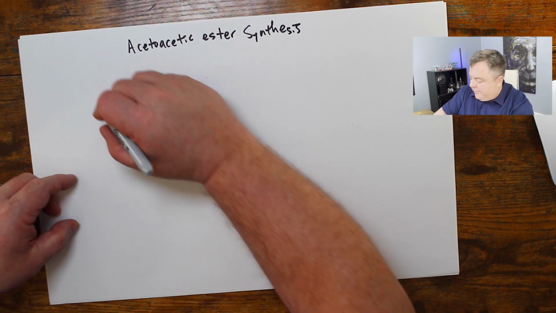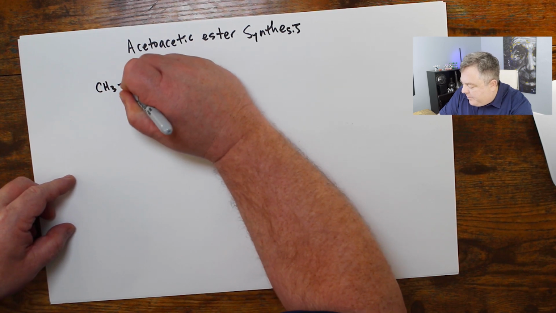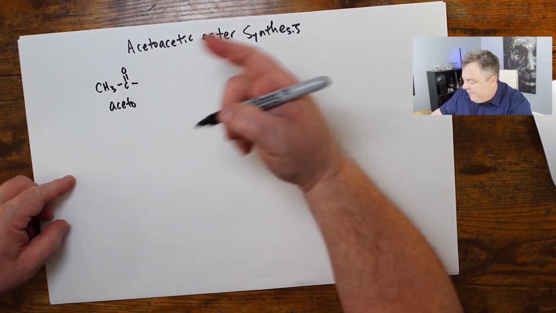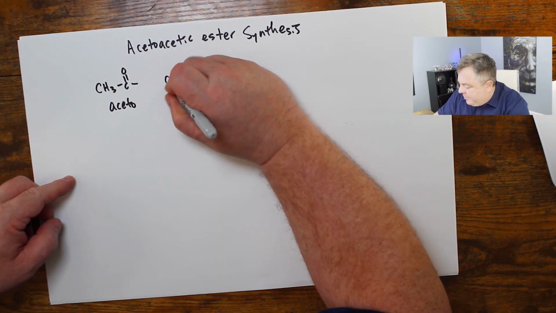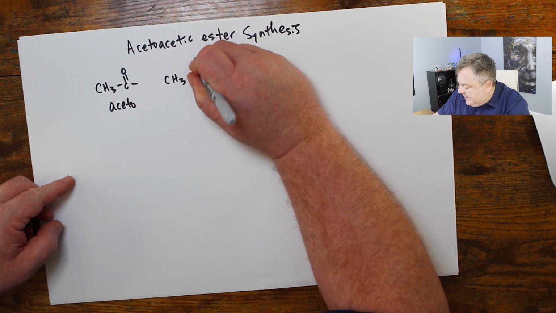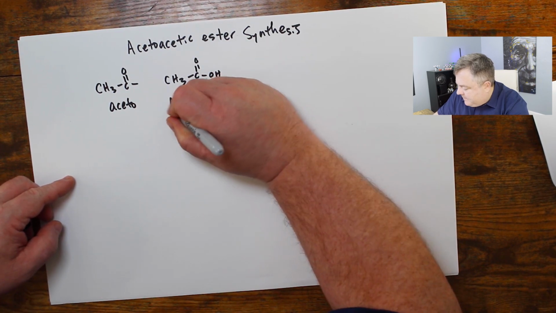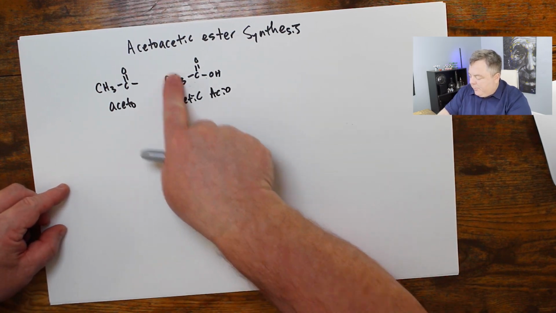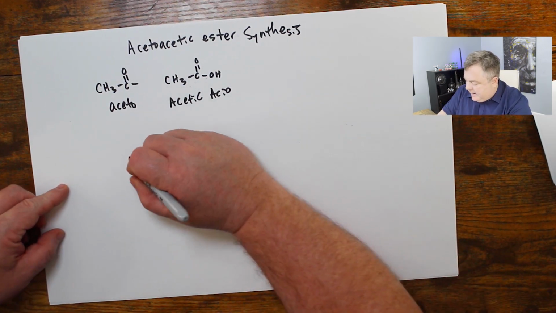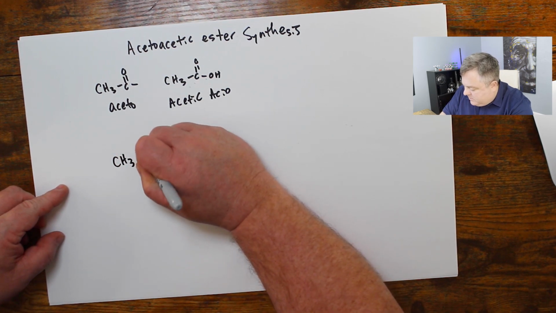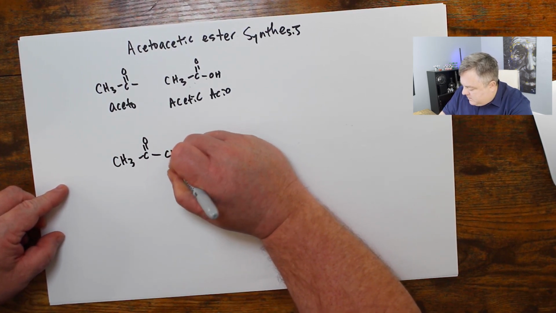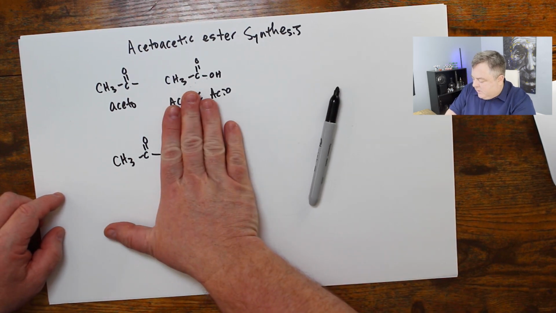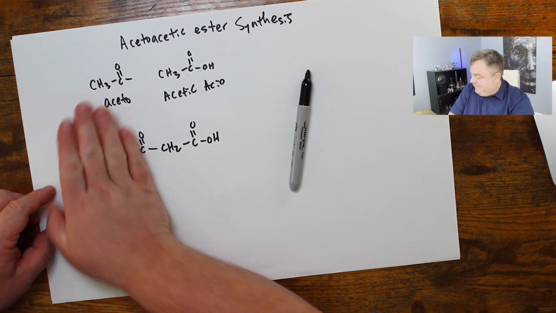Here's where the name comes from. A methyl on a carbonyl is an aceto group. So if I made the carboxylic acid out of this, that would be acetic acid. So if I put this aceto group on this acetic acid, I would get acetoacetic acid.